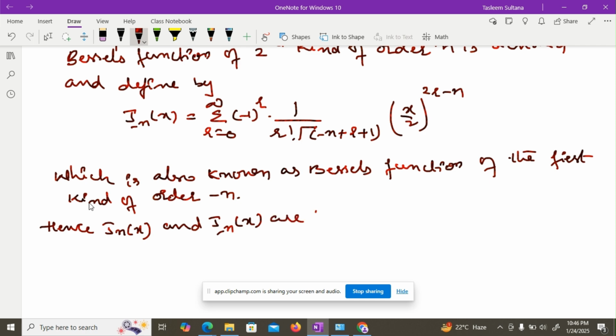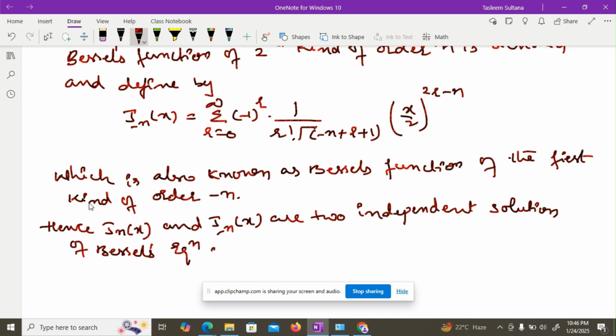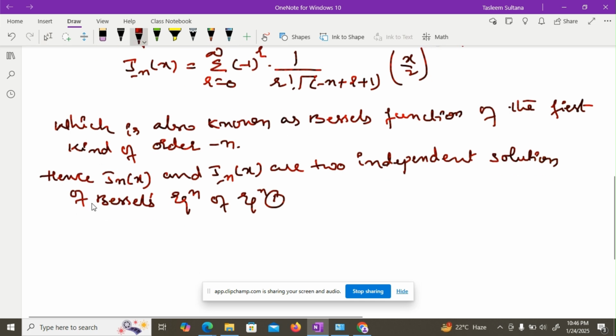Hence, Jn of x and J minus n of x are two independent solutions of equation 1, where we have denoted equation 1 as the Bessel equation.